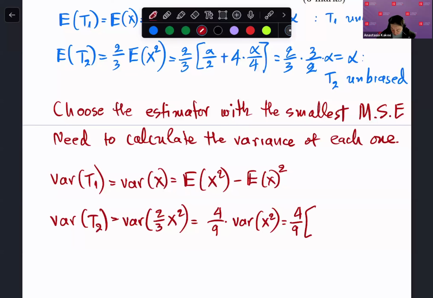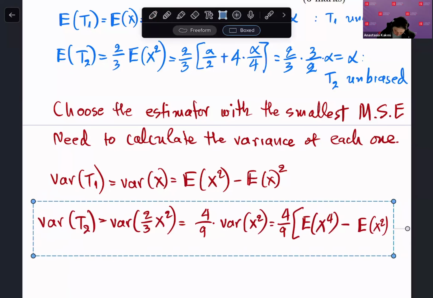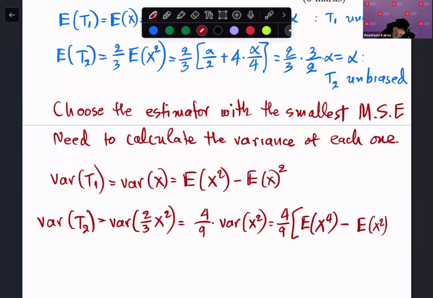The variance of x squared is the expected value of x to the 4 minus the expected value of x squared, all squared. Let me write this with a bit more space here. So you need that guy squared.